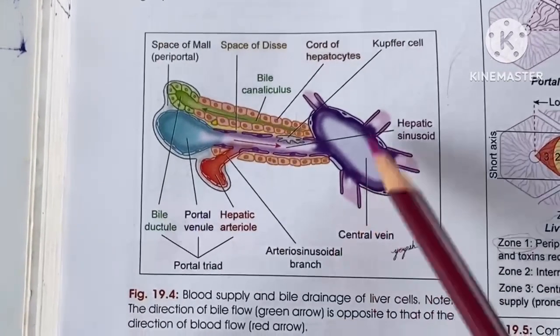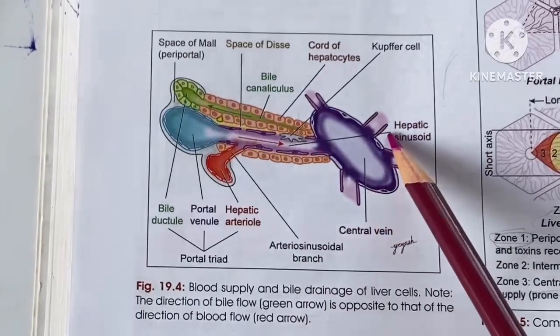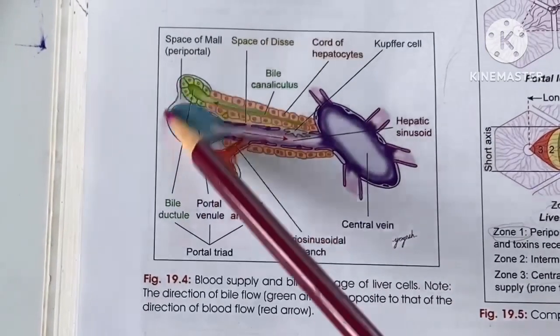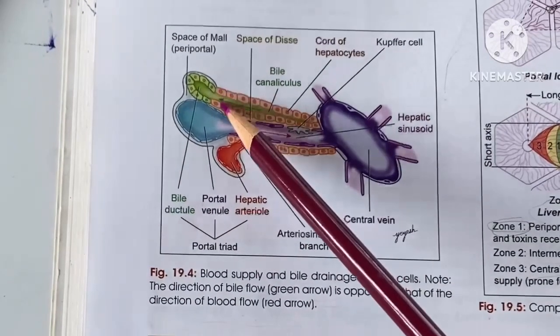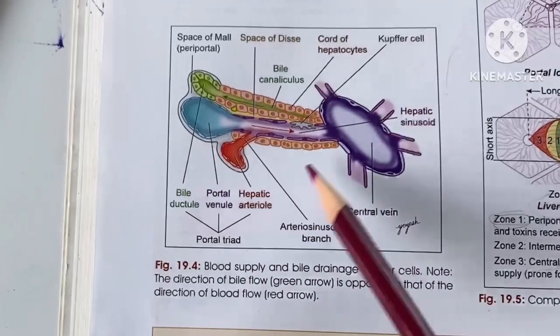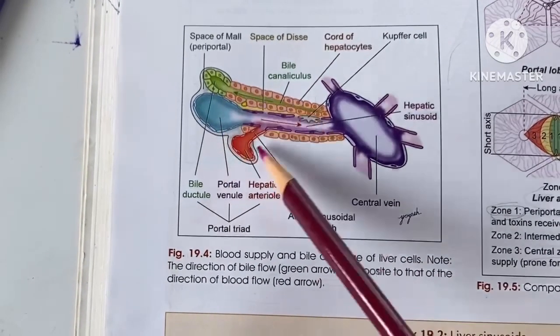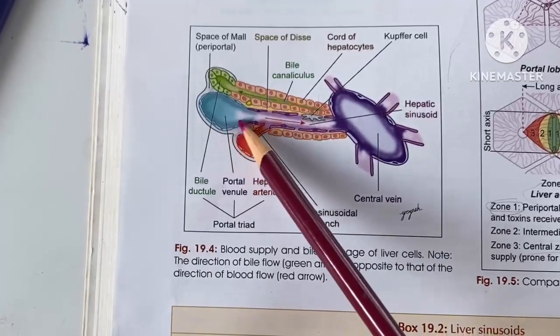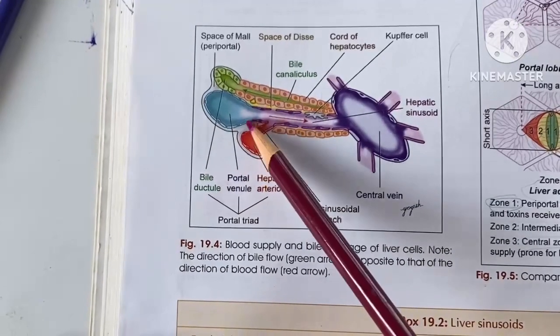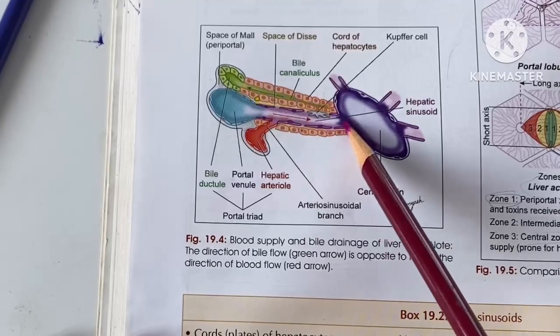So here there is a central vein, and peripherally this is the portal triad. The portal vein and hepatic artery pour their blood, and this blood goes to the central vein.